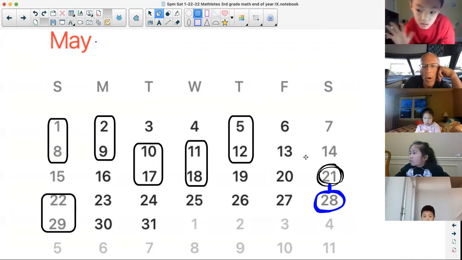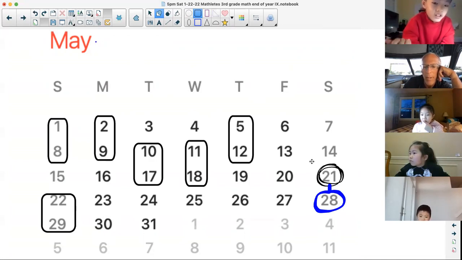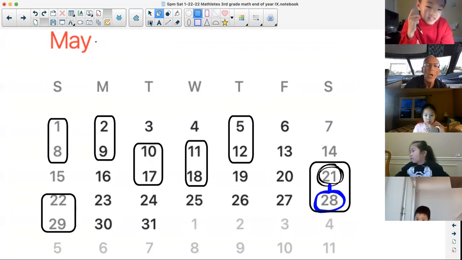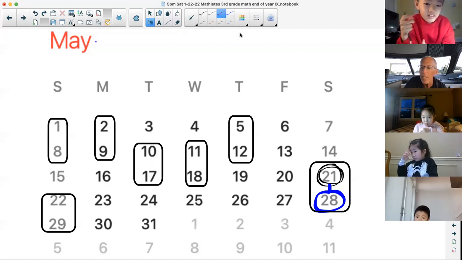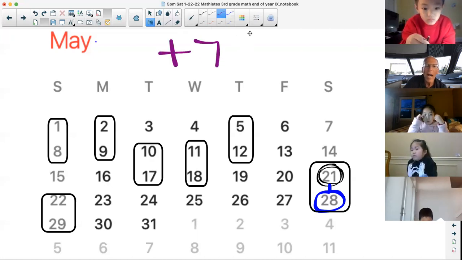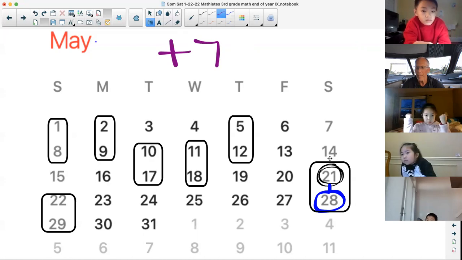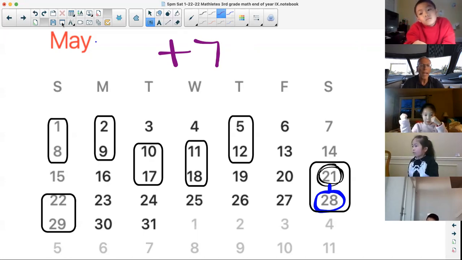Jason B, what do you notice? The top number plus 7 equals the bottom number. Right. So all we have to do for these problems is add 7. If I want to know 1 week later, I simply add 7. Any questions about that? All right.